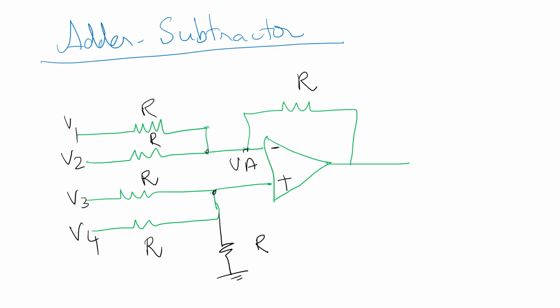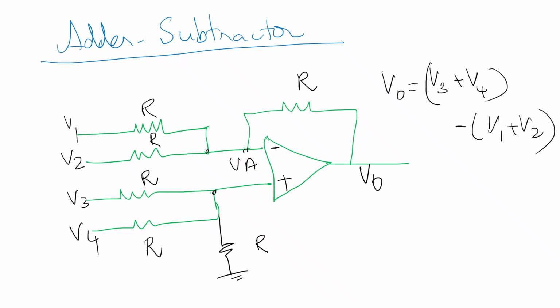Therefore, the operation performed is that the voltages V1 and V2 get added, and V3 and V4 get added, and these two, when fed to the op amp, the output voltage V0 is equal to V3 plus V4, sum of this, minus V1 plus V2, because V1 and V2 are fed into the inverting terminal.